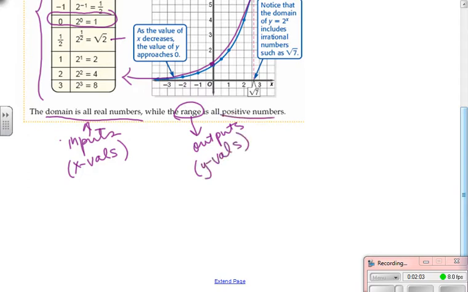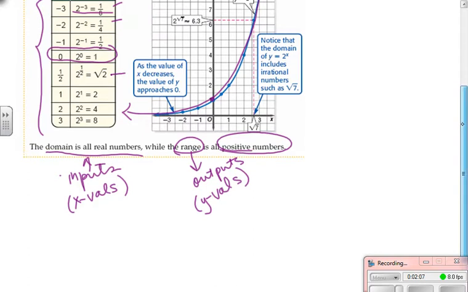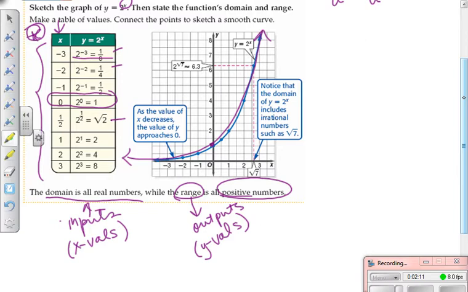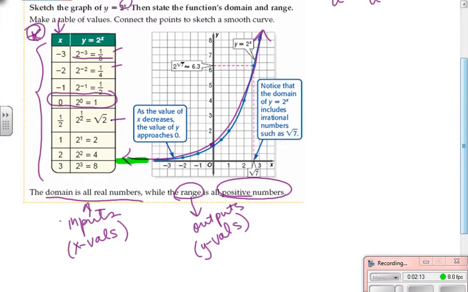And what's going to come out is only positive numbers. So to tie back to our old unit, we are going to see an asymptote develop here at the x-axis. It's going to come down close to, but never touch or cross that x-axis.